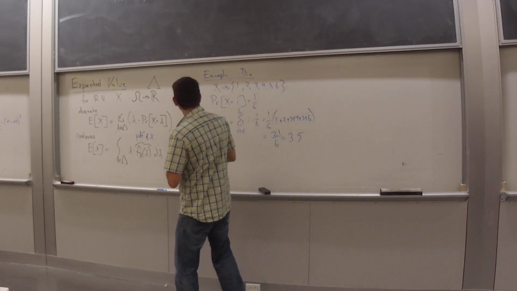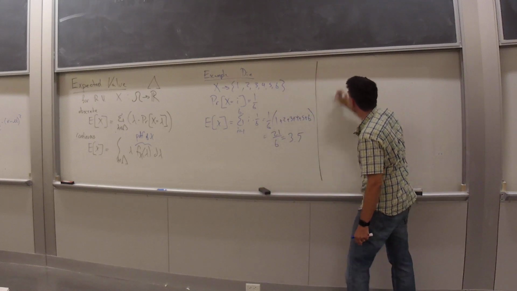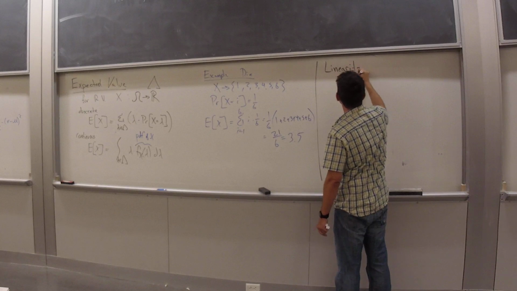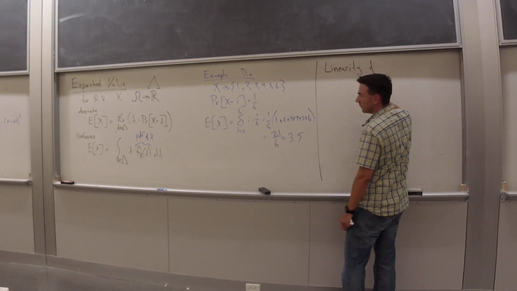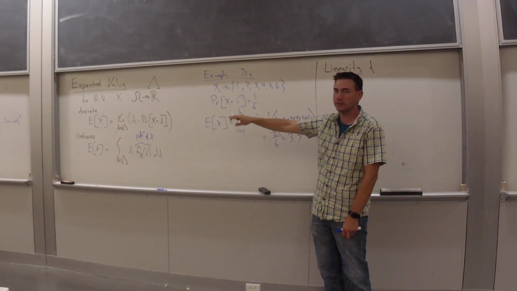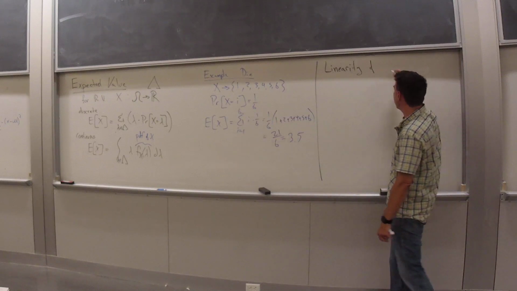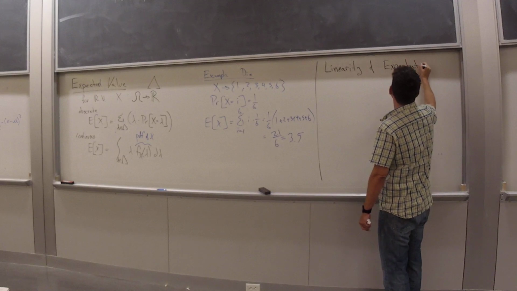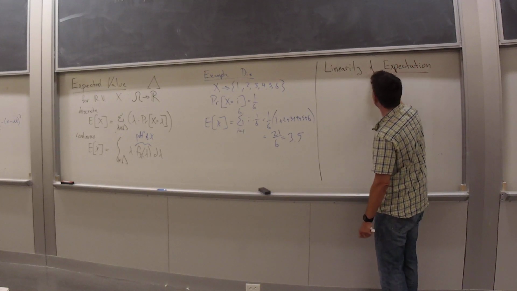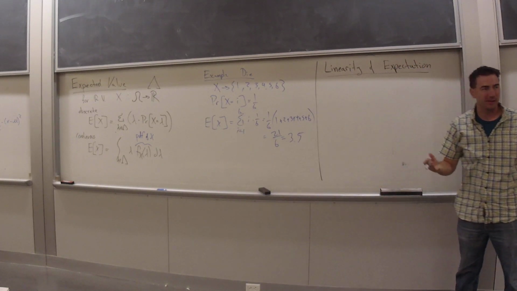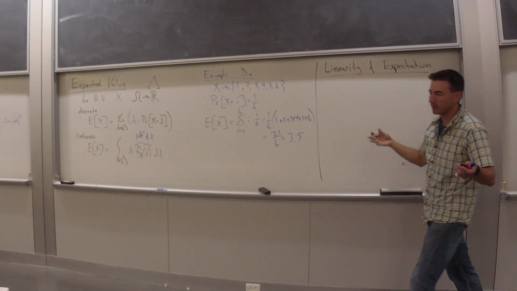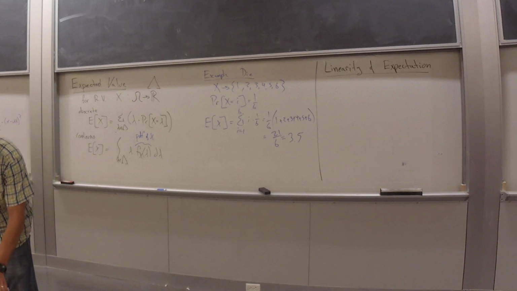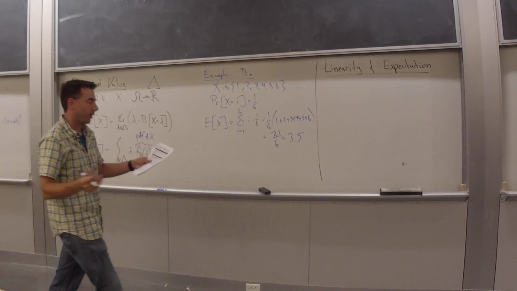Okay, so one of the most important things about expectation is that this E is what's called a linear operator, which means that if I know something about the expectation of some parts of some complex process, I can separate those parts.